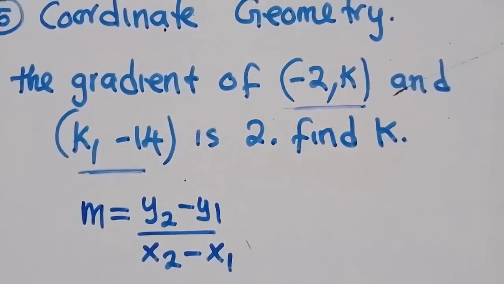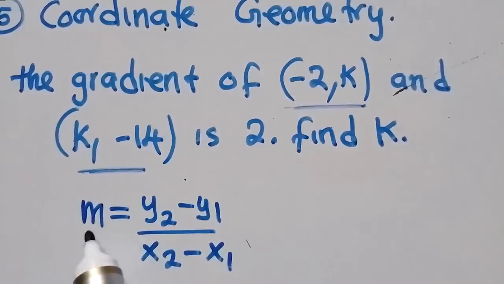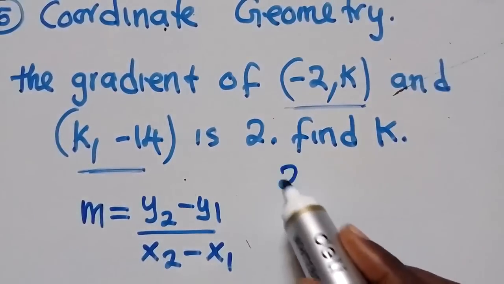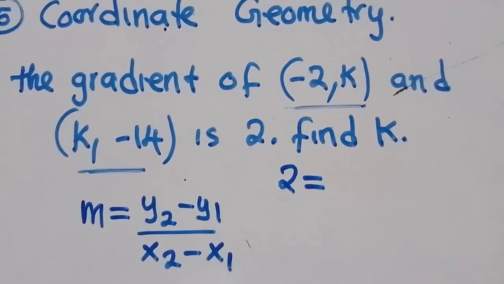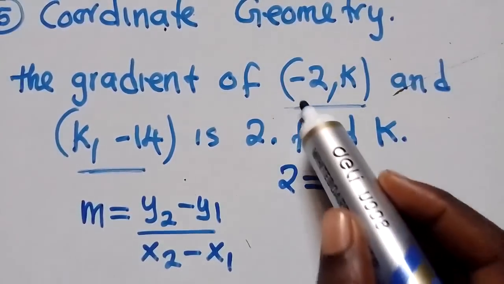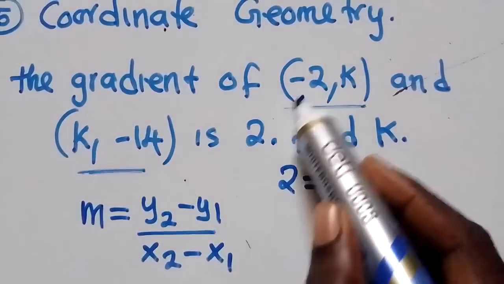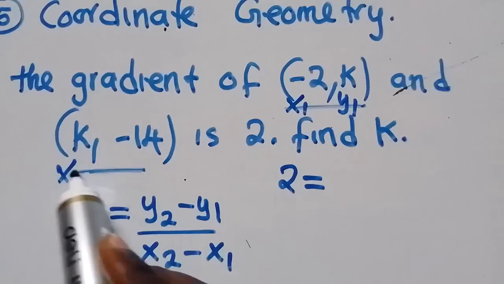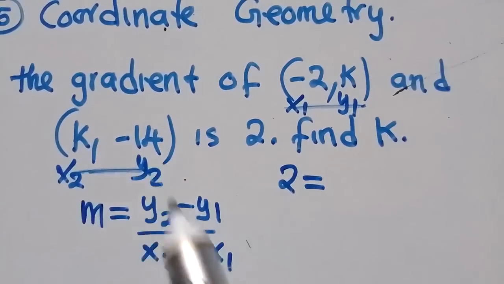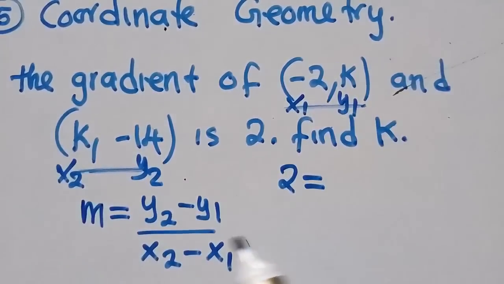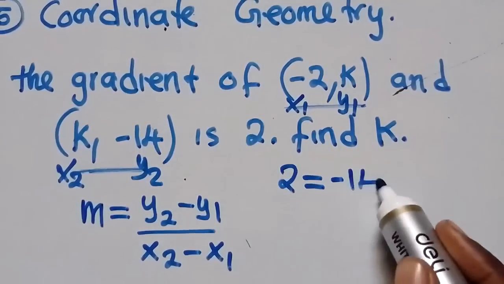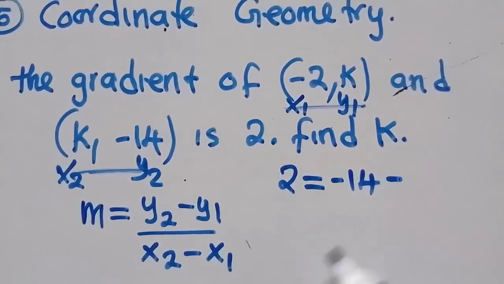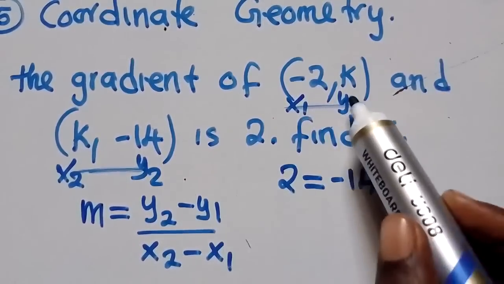We are given the gradient, which is 2, so 2 is equal to, then using the same coordinates, this is x1, this is y1, this is x2, this is y2. Then you just replace. Y2 is negative 14, minus y1, which is k.